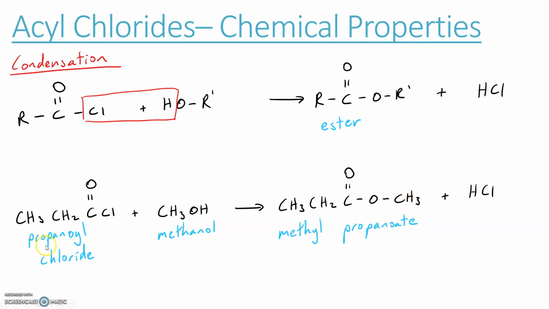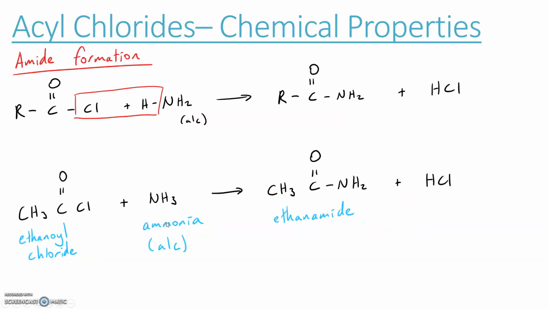In this case, we had propanoyl, so we get propanoate here, and then we've got methyl from the alcohol, methanol. So whatever our acid chloride is becomes the carboxylate section of the ester, and the other part, in this case methyl, comes from the alcohol.